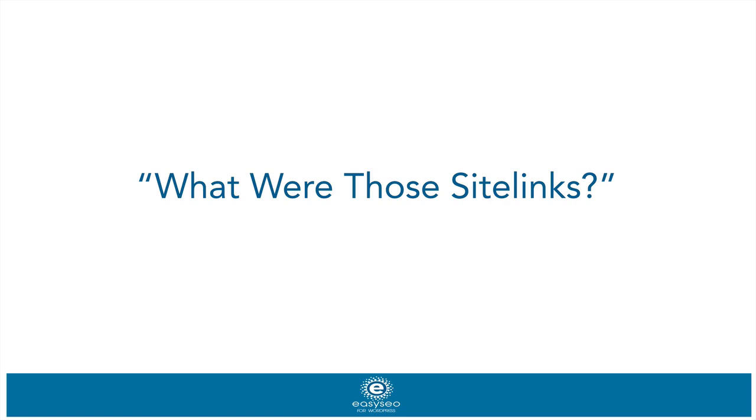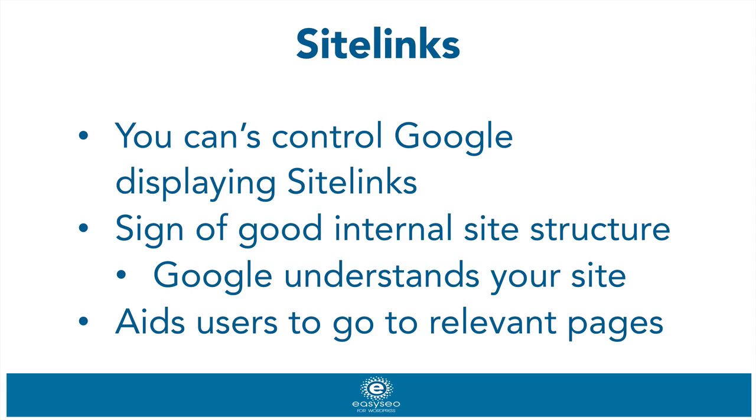Now, one of the things you saw in that example were the site links. So what are they? First of all, you can't control site links being displayed in Google. It's a sign of a good internal structure that says Google understands the navigation you've set up and the content you have on your site. It basically just helps users go to more relevant pages.